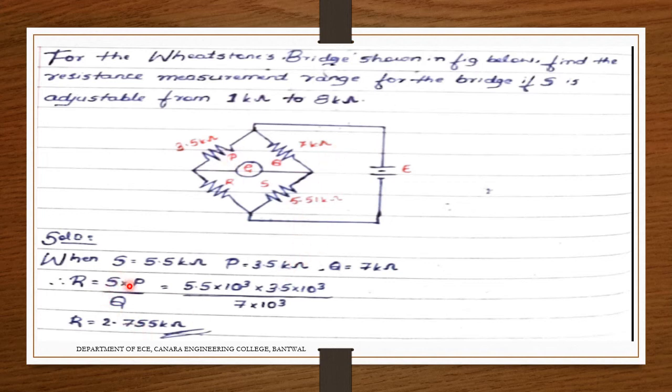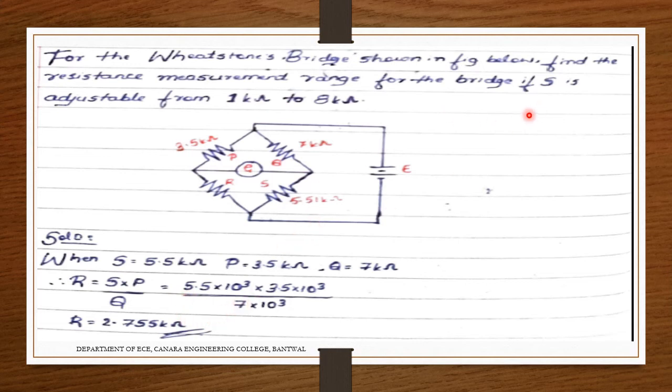So R is equal to S into P, R is the unknown, right? S into P divided by Q. So this is what we need to find. I will get the R value 2.755 kilo ohm. So it is correct, we are in this range only.